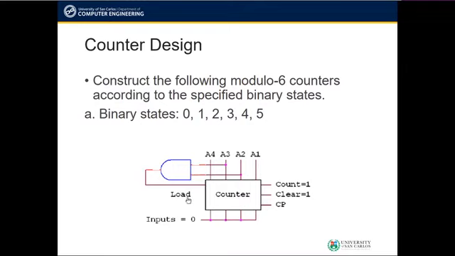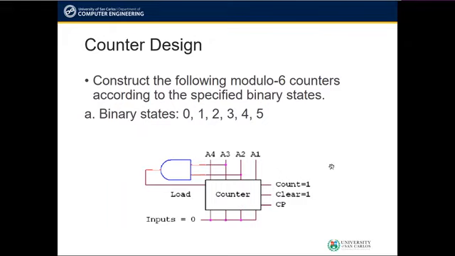The load input is provided an input from this AND gate using the A3 and A2 outputs of the counter. The output of this AND gate will only be 1 when bits A3 and A2 are both 1.